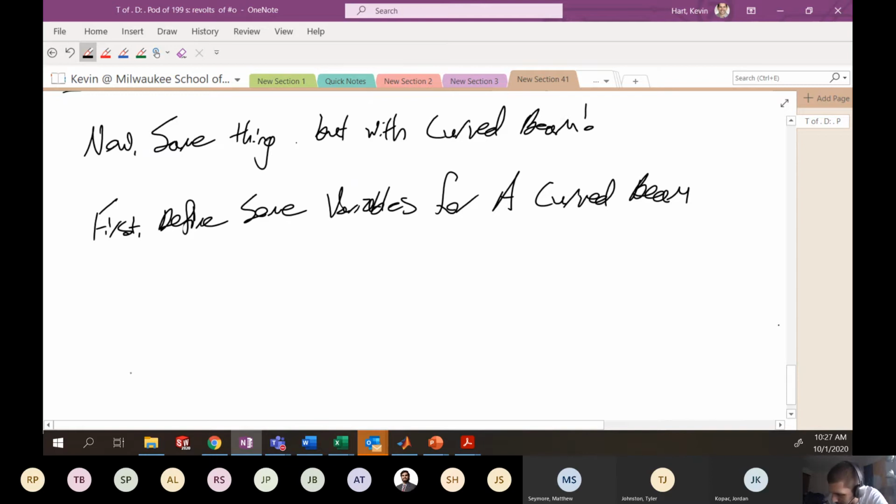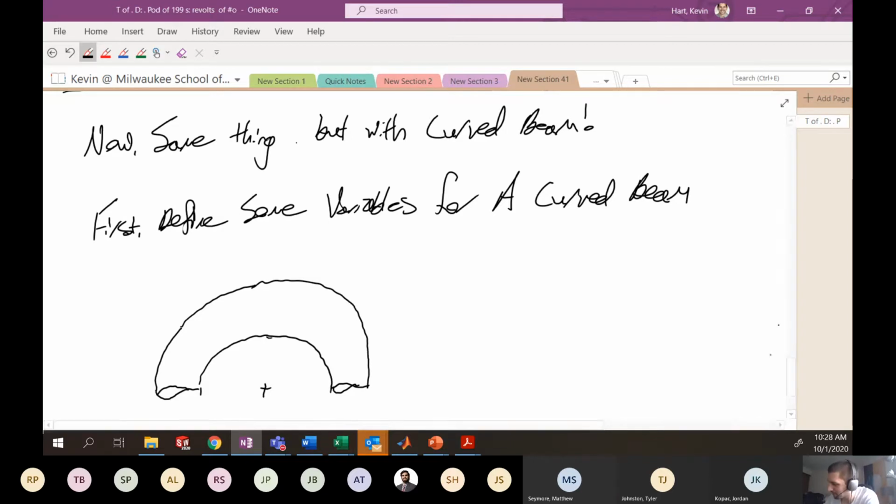All right, so again, here's our curved beam. That's not the best drawing, but I'm doing the best I can. Great artiste skills.